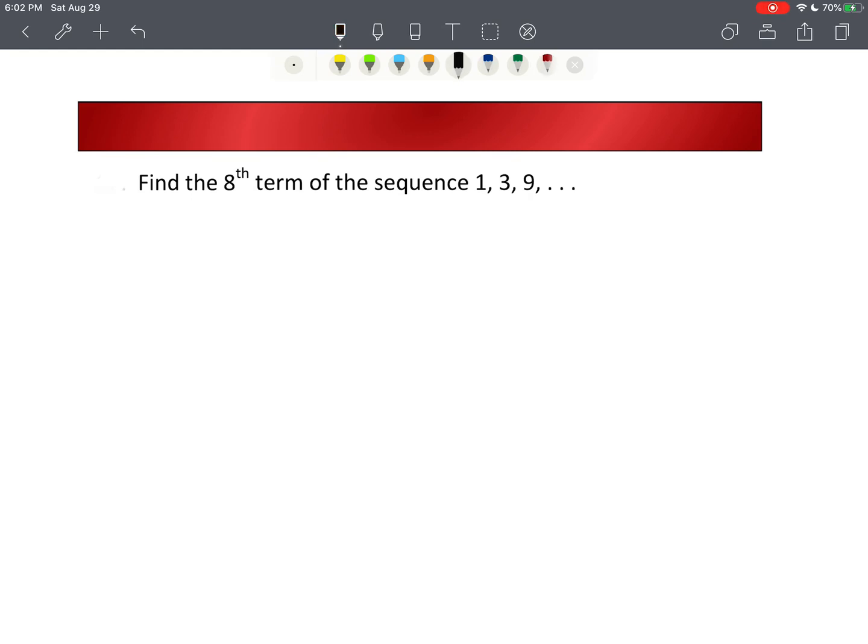Okay, we know that the formula for the nth term is a sub n equals a sub 1 times r raised to the n minus 1 power. We know that the value of the first term is 1.